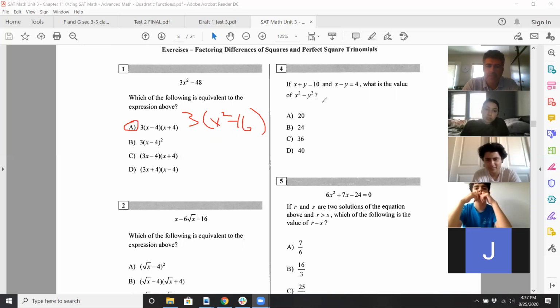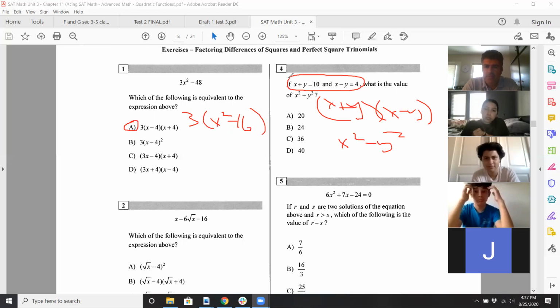For 4, x plus y times x minus y. If you think about it, that becomes this. So you don't really need to solve for x, y separately. You could if you want. I mean, if you want, off to the side here, x plus y equals 10, x minus y equals 4.